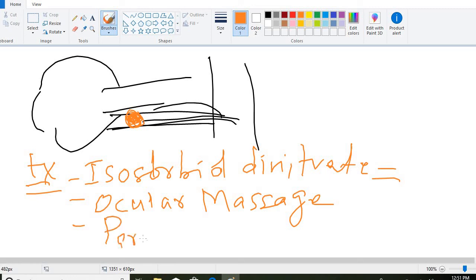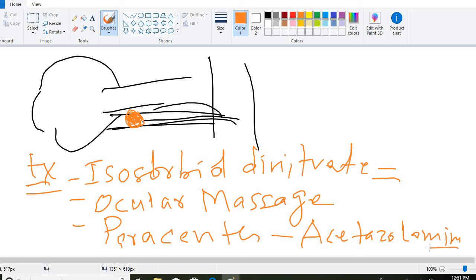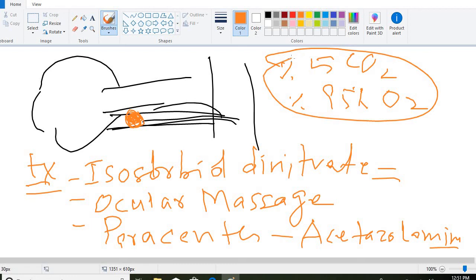Paracentesis, acetazolamide, an inhaled mixture of 5% carbon dioxide and 95% oxygen to relieve angiospasm, or we can surgically remove the embolus to relieve this obstruction.